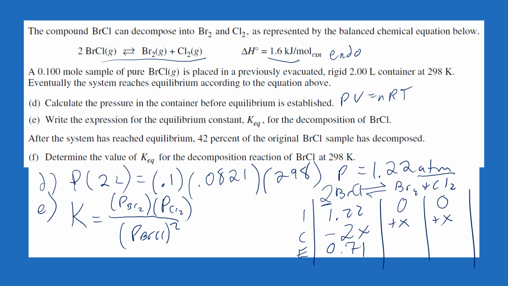So you can solve for x now. 1.22 minus 2x equals 0.71. And so we get that x is 0.26. So 0.26 and 0.26.